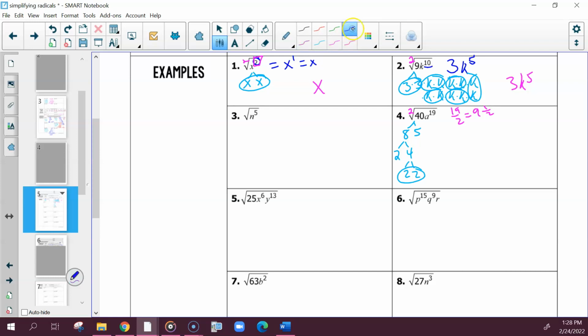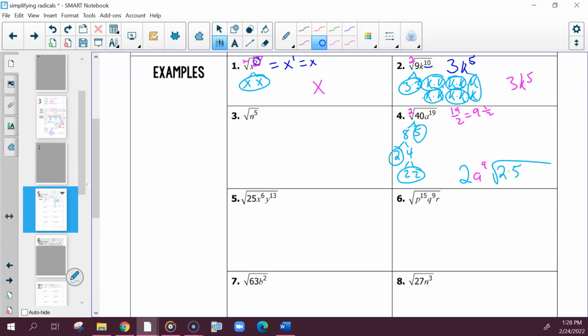So when I write this final answer, I know I have one group of 2 that comes out, and I know that 9 of the A's are going to come out. Let's color code. So we know this, we know this. What happens to everything else? So on the inside of the square root, we still have 1, 2, and 1, 5.